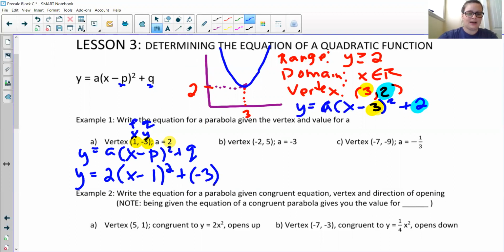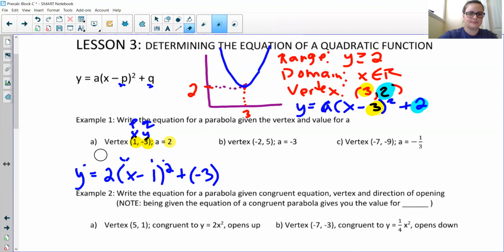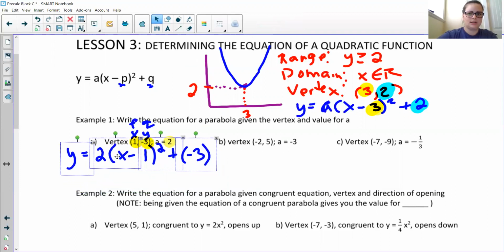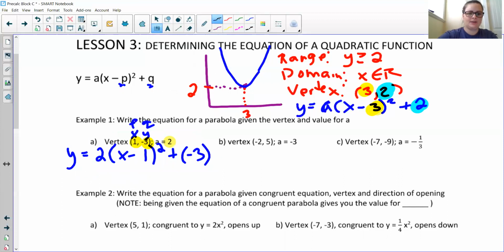Now we can simplify this. When you plus a negative number, it just becomes a minus. So y equals 2 times x minus 1 squared minus 3. Pause the video here and try B and C.